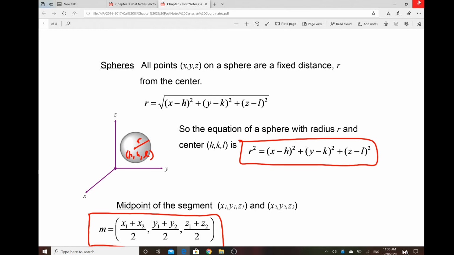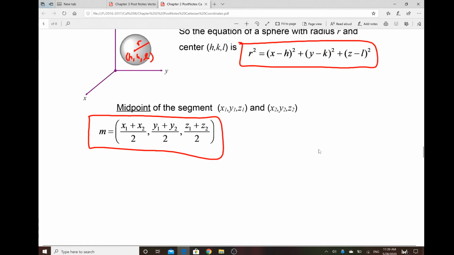So the equation of a sphere with radius r and center h, k, l is r squared equals x minus h quantity squared plus y minus k quantity squared plus z minus l quantity squared. And then using the midpoint formula, we can find the center of the sphere: x1 plus x2 over 2, comma, y1 plus y2 over 2, comma, z1 plus z2 over 2. That is the way to find the center of the sphere.